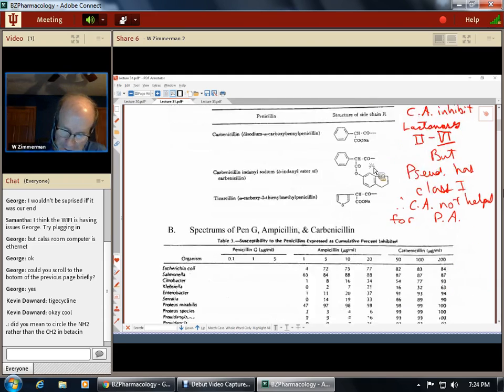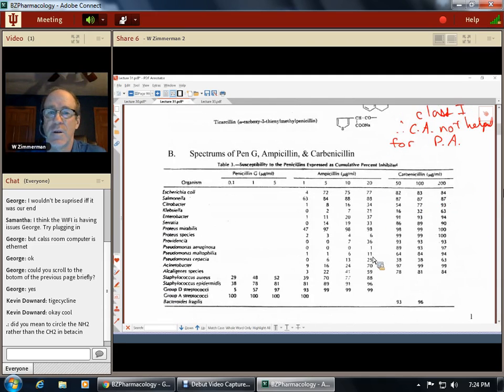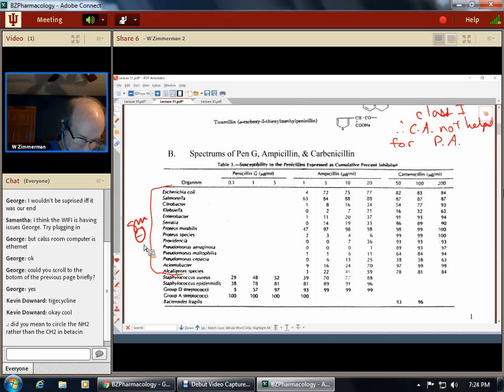But let's take a look at the table down here, these different microorganisms. E. coli all the way down to staph, not including staph, of course, are gram-negatives. And then we have the gram-positives. And the group D strep is now, of course, called the Enterococcus.